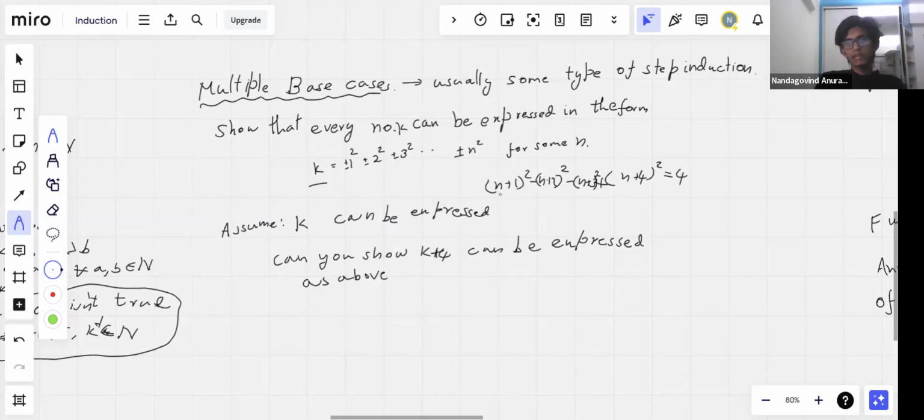So the idea is (n plus 1) squared minus (n plus 2) squared minus (n plus 3) squared plus (n plus 4) squared is equal to 4. You can prove this by just expanding it out. So if k can be expressed, then k plus 4 can be expressed by just adding (n plus 1) squared minus (n plus 2) squared minus (n plus 3) squared plus (n plus 4) squared, because this thing just sums up to 4. Now all that's left to show is that 1, 2, 3, and 4 are expressible.